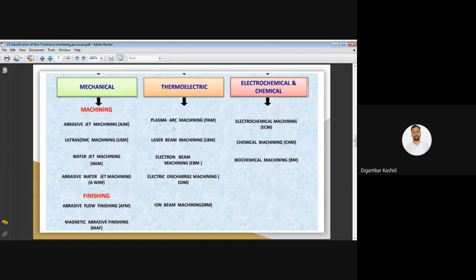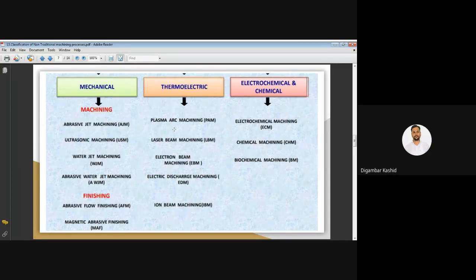If the heat is in the form of light, then laser beam machining. If the heat is in the form of electron bombardment, then electron beam machining. So depending on the form of heat, the thermoelectric processes are divided into laser beam, electron beam and plasma.